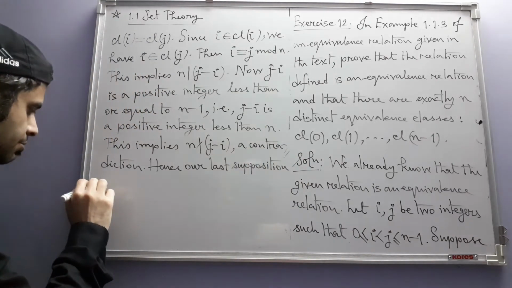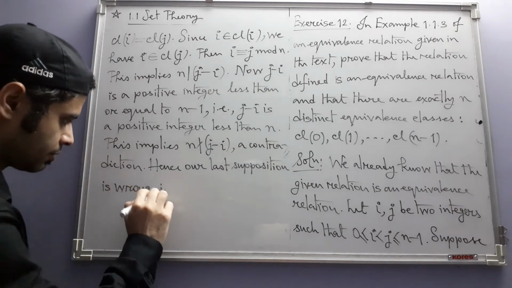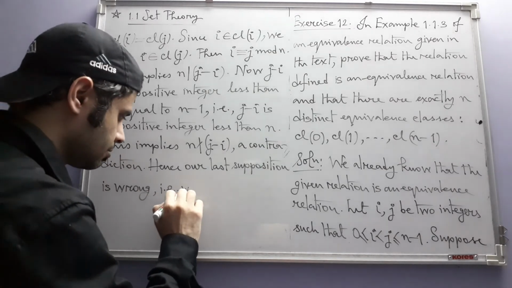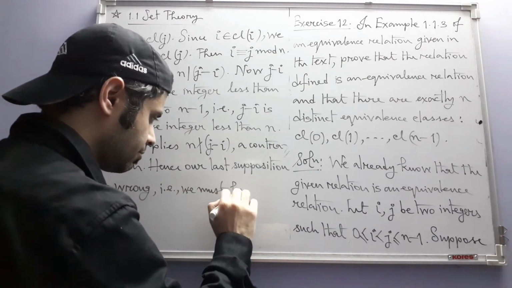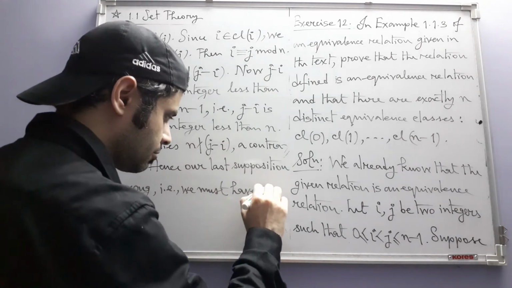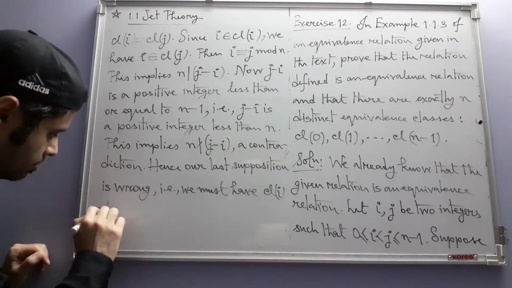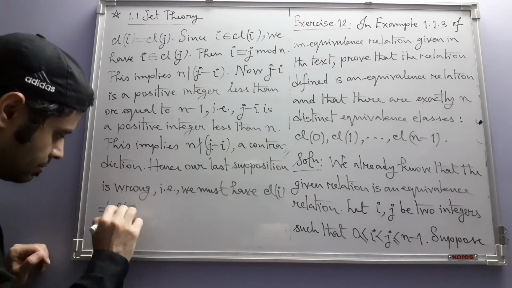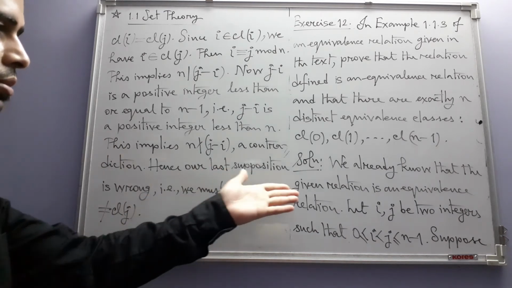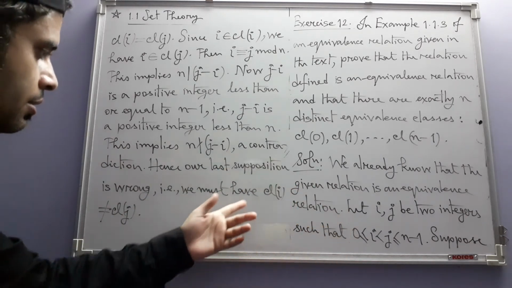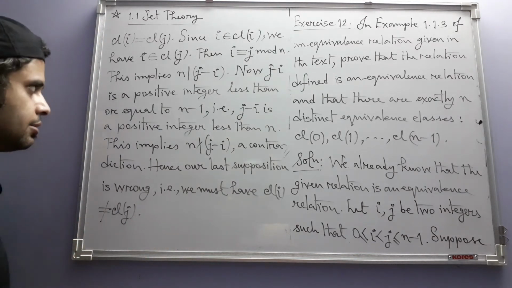Hence our last supposition is wrong. That is, we must have class of i not equal to class of j. They are distinct. Actually, by theorem 111, they will be disjoint, but that's not the point here. We just want distinctness right now.